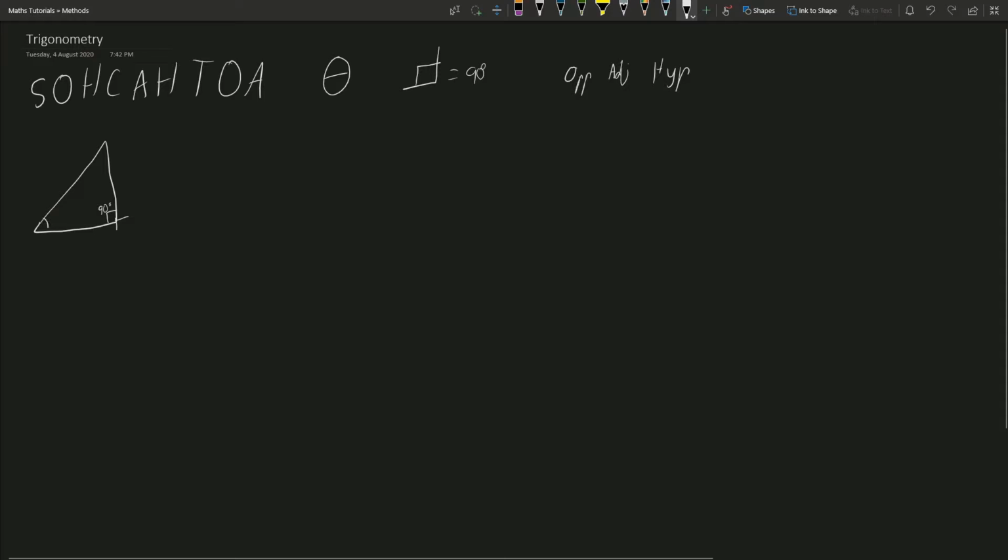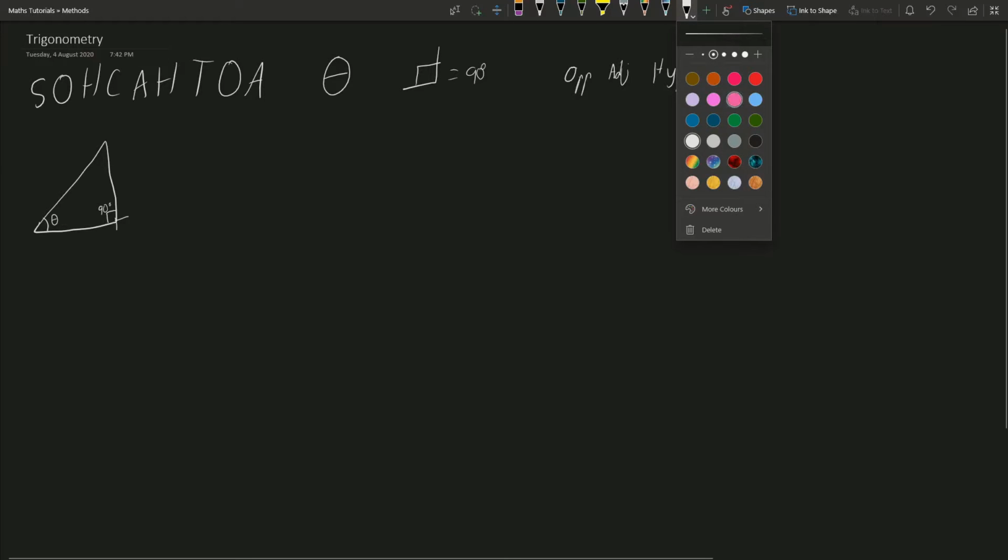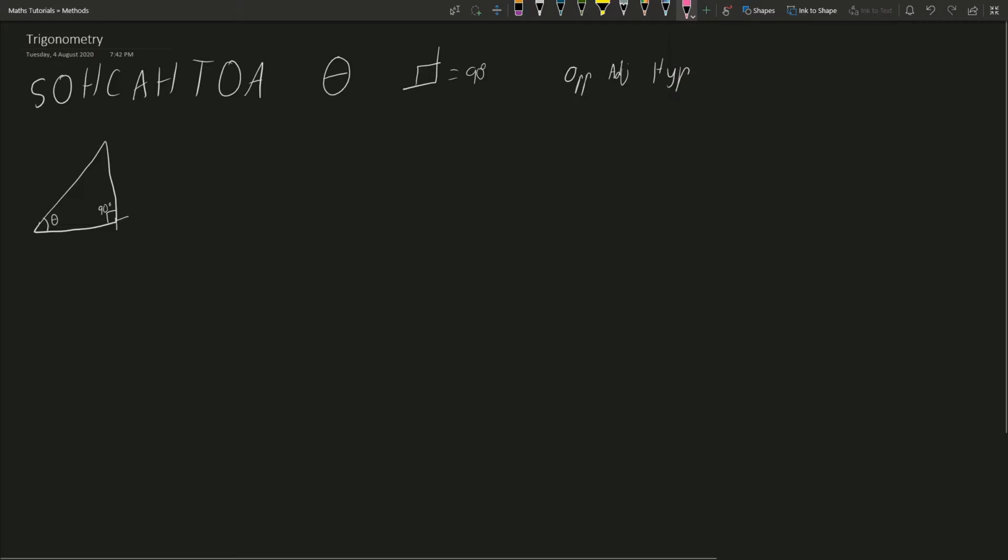And you may be given an angle, which is commonly marked as theta, or it could be x, y, z, any other variable. And the first thing you're going to need to know is what opposite, adjacent, and hypotenuse sides are. So opposite from the angle, if we look at the angle just here, theta, which I've drawn, if we look directly across from that, we have the opposite side.